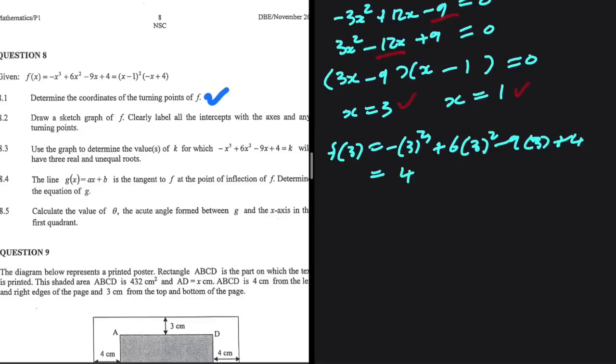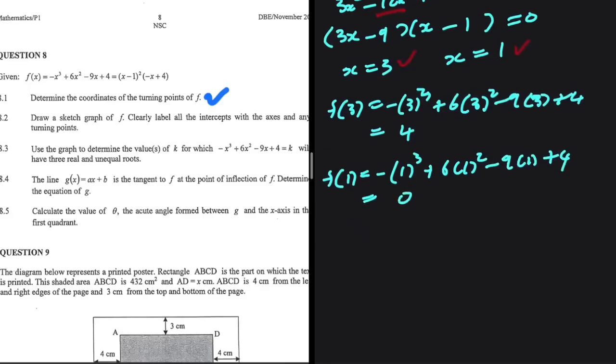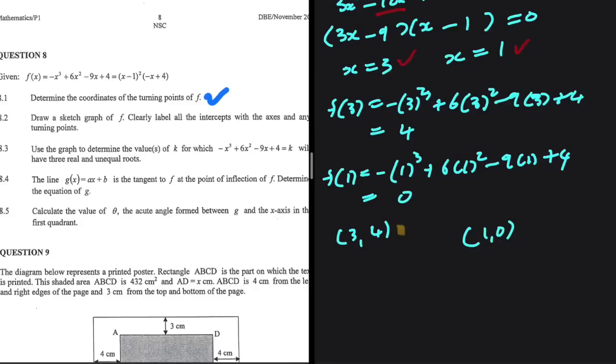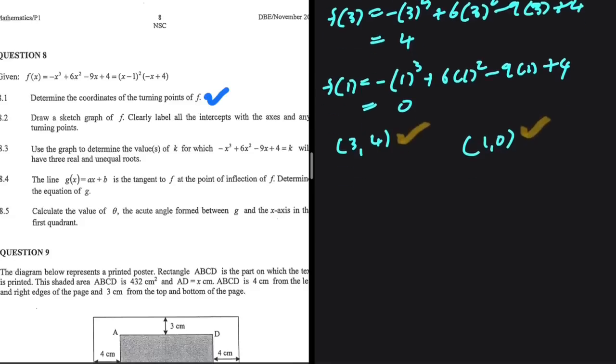And then on the other hand, f of 1 will be equal to minus 1 to the power 3 plus 6 multiplied by 1 squared minus 9 multiplied by 1 plus 4. This is equal to 0. So the turning points, we have 3 and 4, not 0 and 1, but 1 and 0. So these two are our turning points.